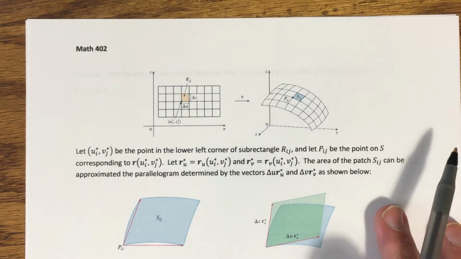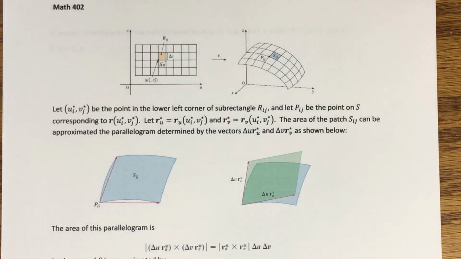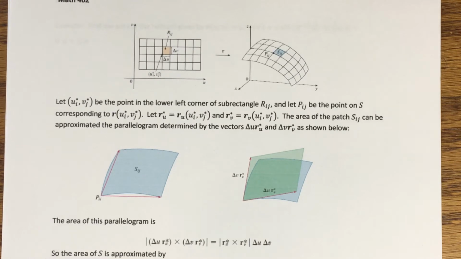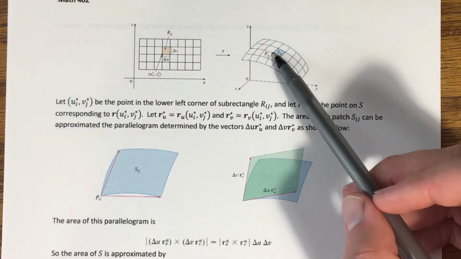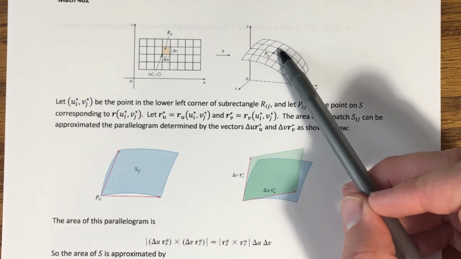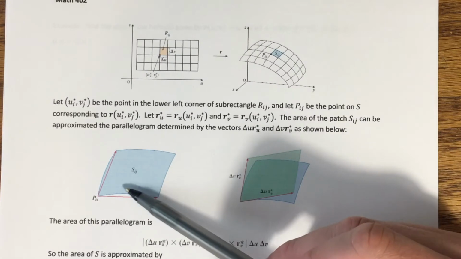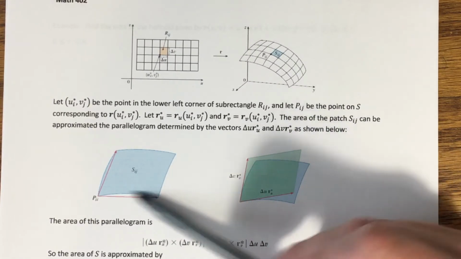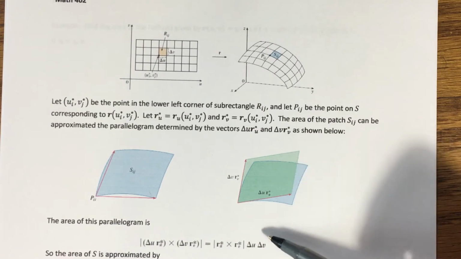So this argument is going to look really similar to arguments that we've seen back in chapter 15, when we talk about double integrals and the Jacobian and things of that nature. The goal here is to approximate the area of the little patch, S_ij, which is like a blown up version of that. We're going to approximate it with the area of a parallelogram.